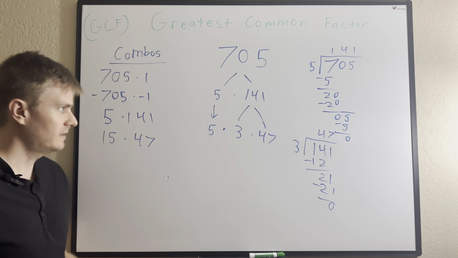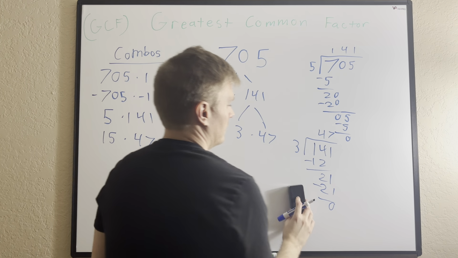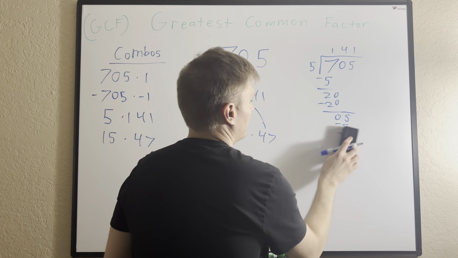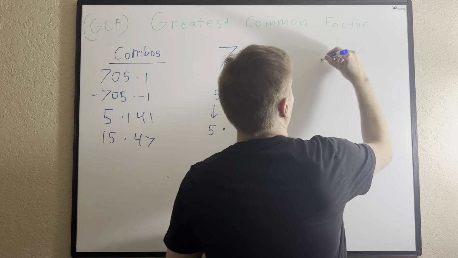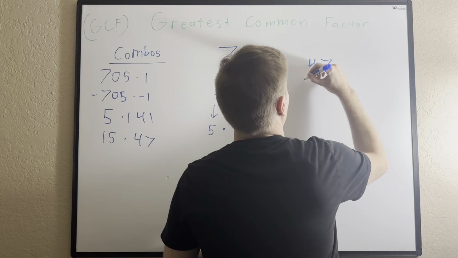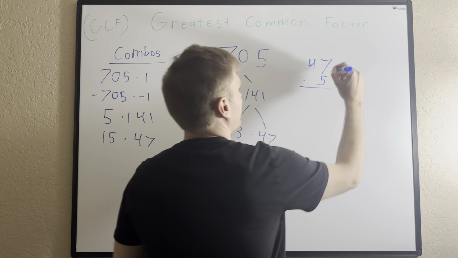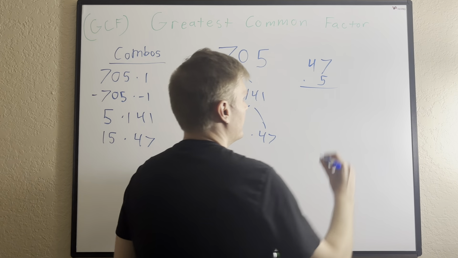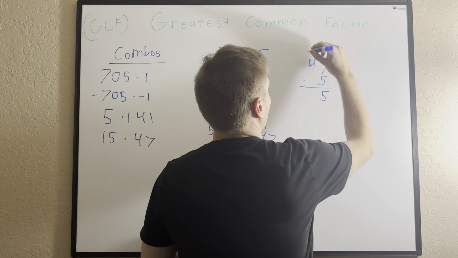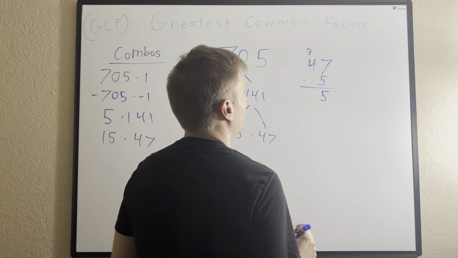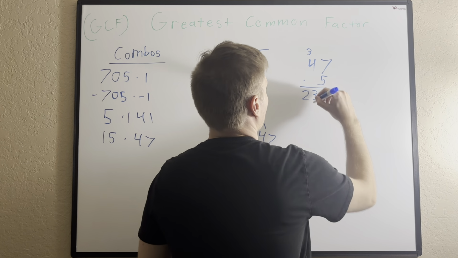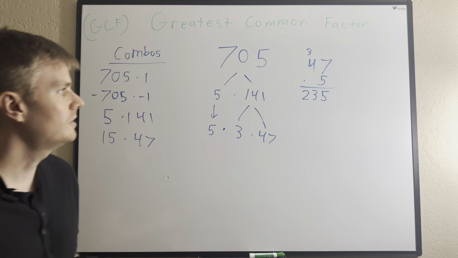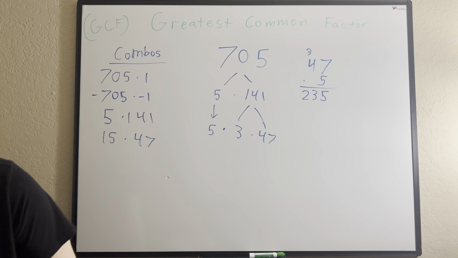What's 5 times 47? Let's erase my little side notes here. 47 times 5, 7 times 5, 35. 4 times 5 is 20 plus 3, so that's 23. That should be 235.